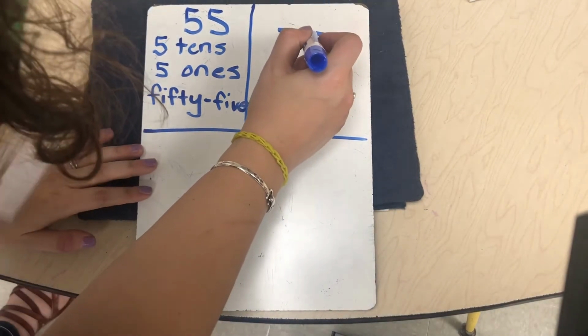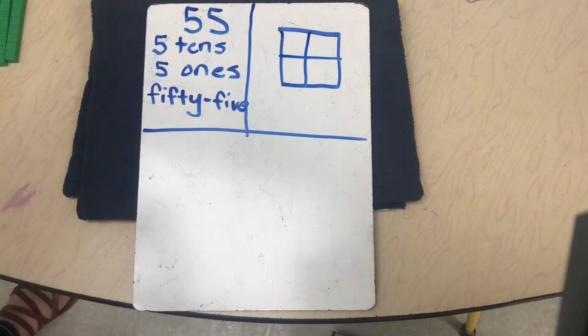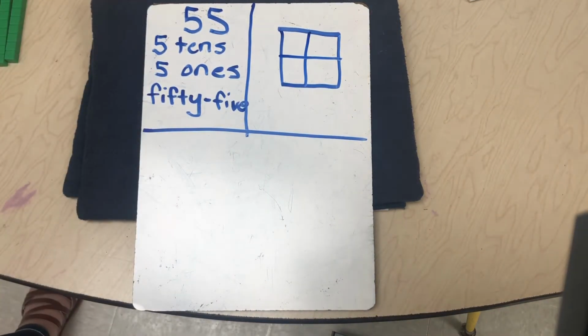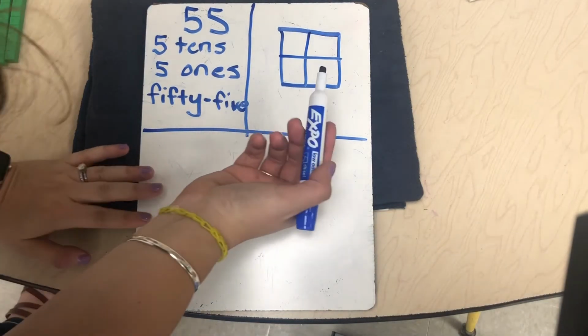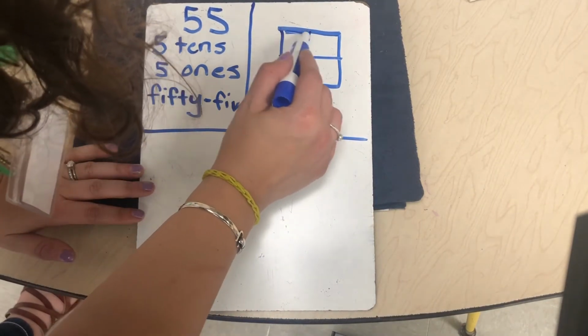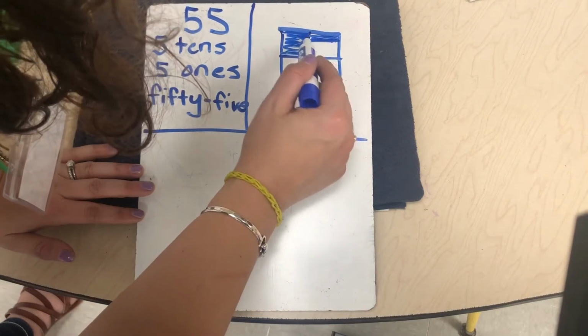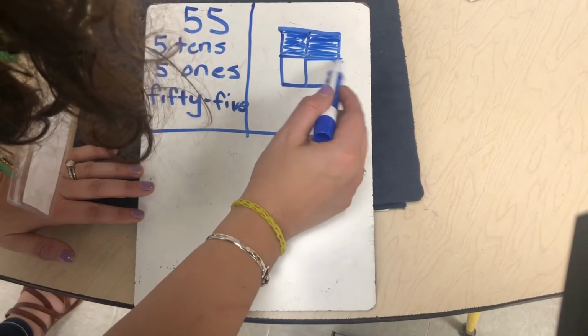Let's divide our square up again into 4s. Now, ask your child to color in 3 pieces this time. 3. So 1, 2, 3.